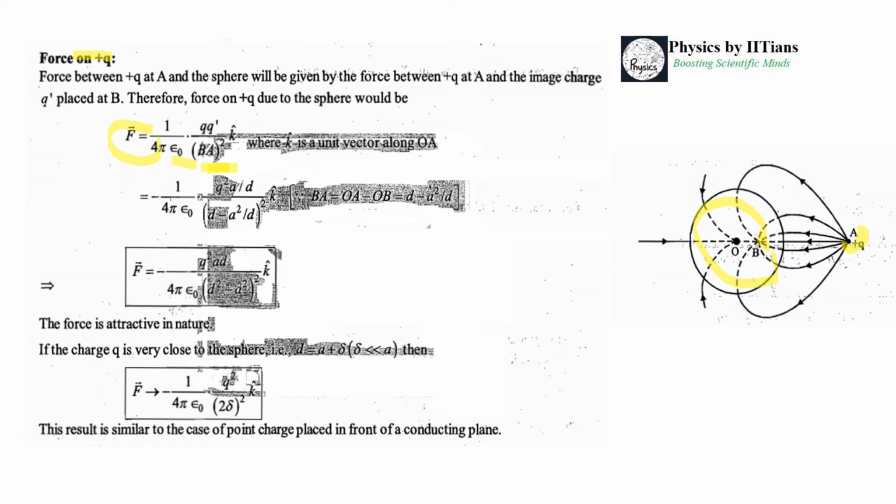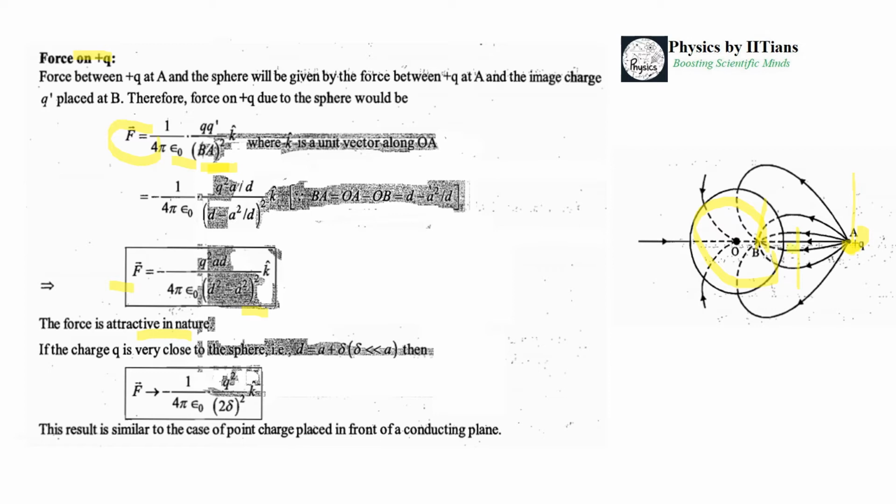So you will get the force as minus q square AD by 4 pi epsilon naught, D square minus A square whole square, K cap. And this force is attractive in nature because this is a negative charge and here is the positive charge.